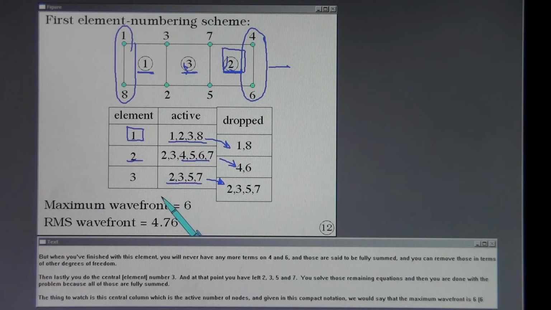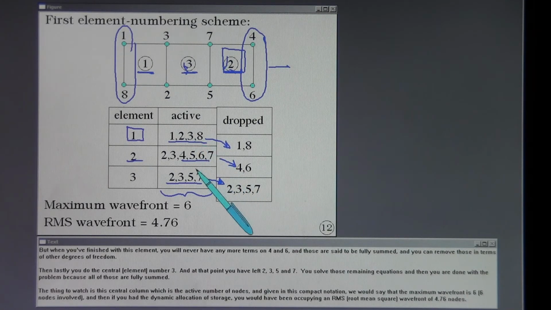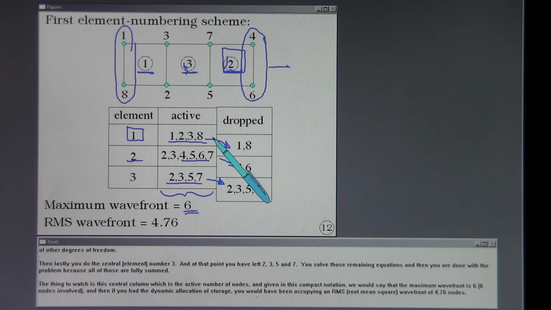The thing to watch is this central column, which is the active number of nodes, and given in this compact notation, we would say that the maximum wavefront is 6 nodes involved, and then if you had a dynamic allocation of storage, you would have been occupying a root mean square wavefront of 4.76 nodes.